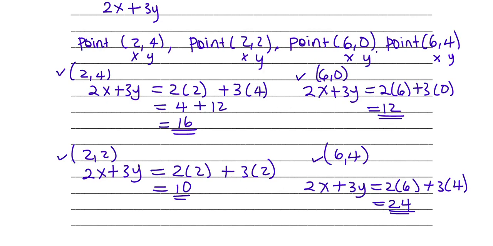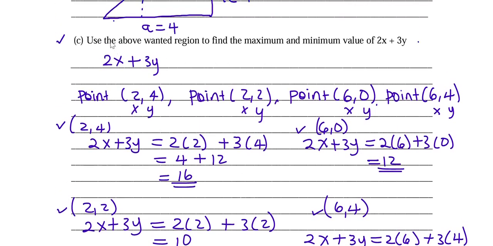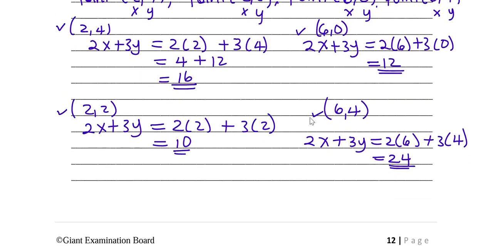Those are the values. And what was the question saying? Use the above wanted region to find the maximum and the minimum value of this. So for the maximum value, you just come and look at these values, 16, 12, 10, and 24. So the maximum value, as you can see, is 24.